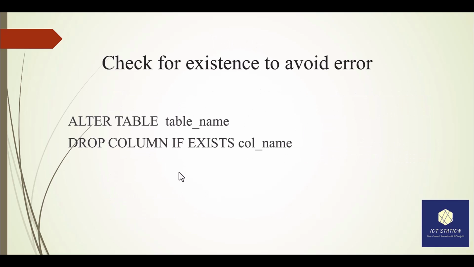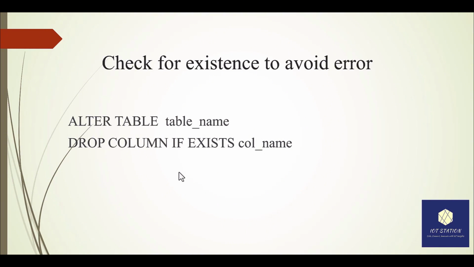Then if you want to check for existence, to see whether the column was already removed, you can also use the if exists clause to avoid any error. For example, I'm using alter table, table name, drop column if exists, then the column name. It will check whether this column exists.